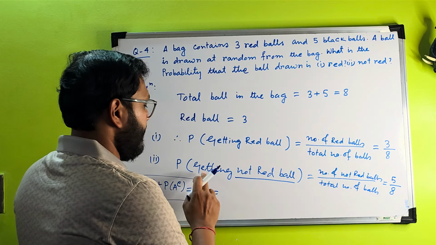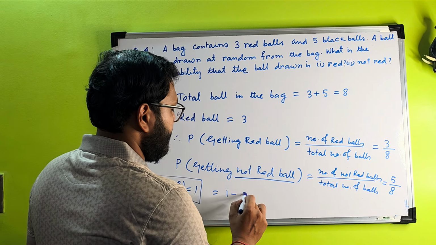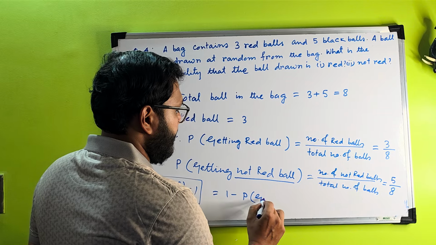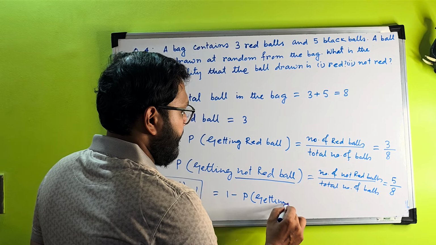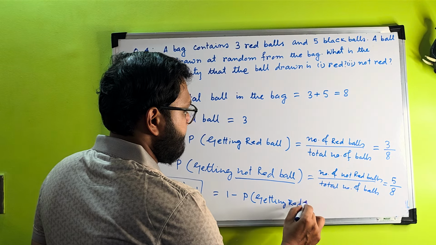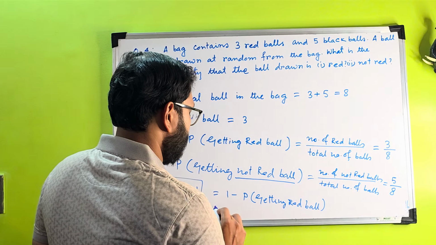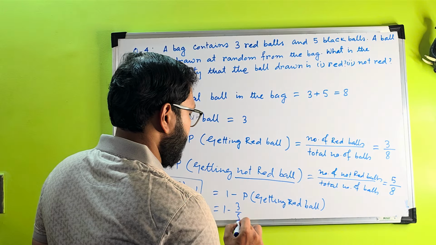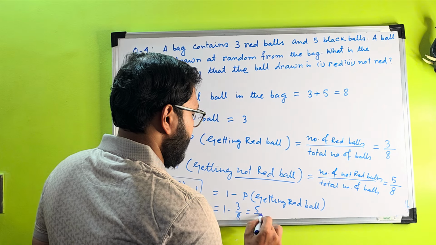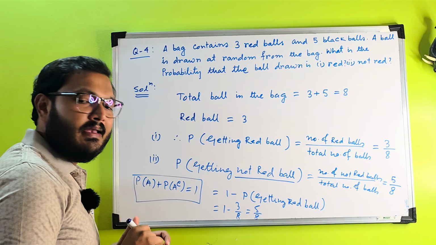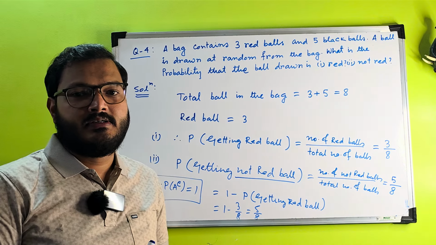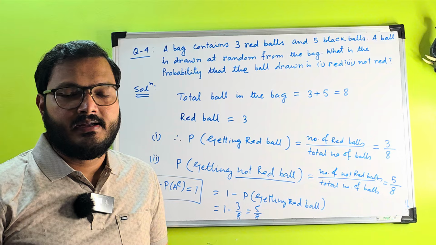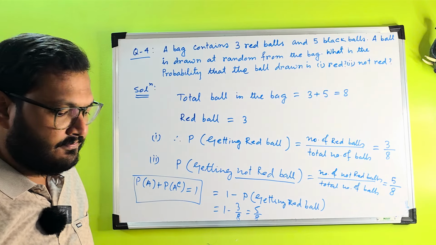So probability of A complement equals 1 minus probability of getting a red ball. So 1 minus 3 by 8 equals 5 by 8. Anyway, we can solve it. I hope it's clear. Let's go to the next problem.